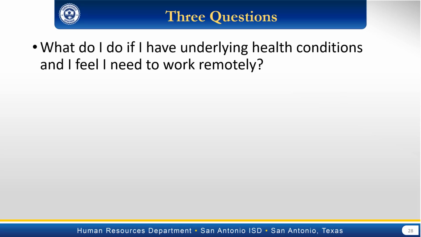So there are 3 questions that are most frequently asked by employees. The first one is, what do I do if I have underlying health conditions and I feel I need to work remotely? Well, if you feel that's the case, we do want you to reach out to Employee Benefits. We do want you to provide medical documentation. We will have some conversations with you about options. We will consider being flexible during the first 8 weeks, as long as the campus doesn't need you to report in person.